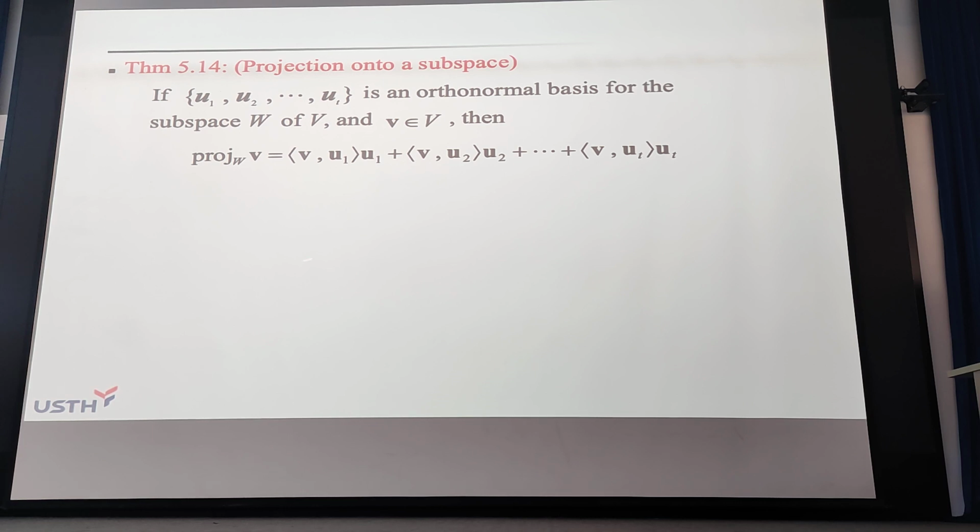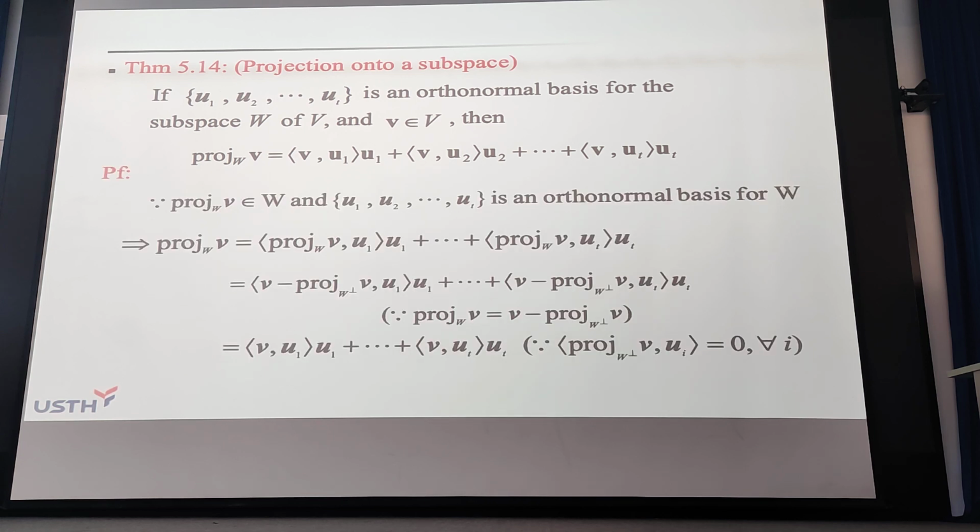Then in that case, the coefficient here must be a little more complicated. I will not repeat it here, and I tell you only that in case the basis is an orthonormal basis, the formula is very simple like that, very easy to remember. And here is some explanation. I will skip it.